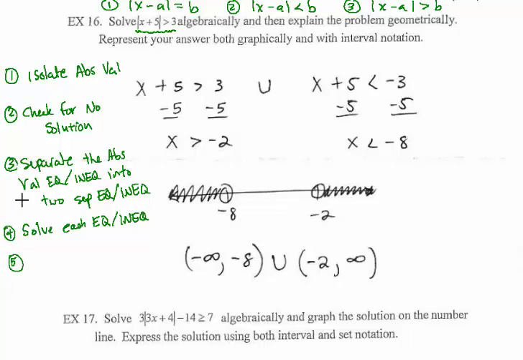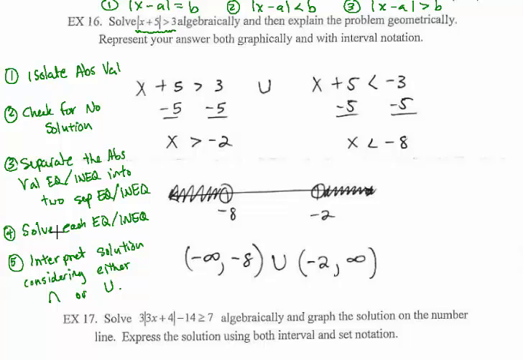In step 5, interpret the solution considering either the intersection or the union. Okay, and this step 5 really just applies to the inequality situation.